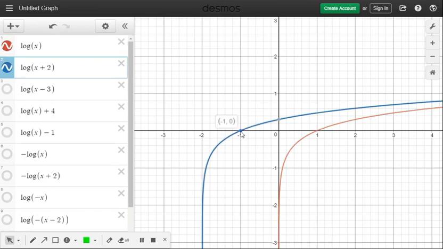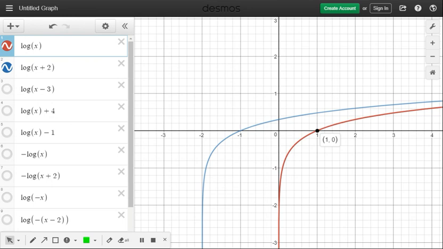I'm using the x-intercept of the blue graph, which is log of x plus 2, and I'm going to compare it with the x-intercept of the original red graph, log of x. Comparing the two x-intercepts, I see that from the red to the blue, it shifted 1 unit, 2 units. So for this graph, it shifted 2 units to the left.